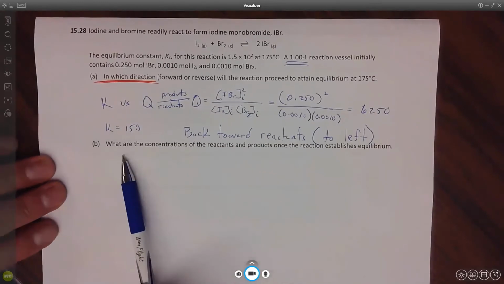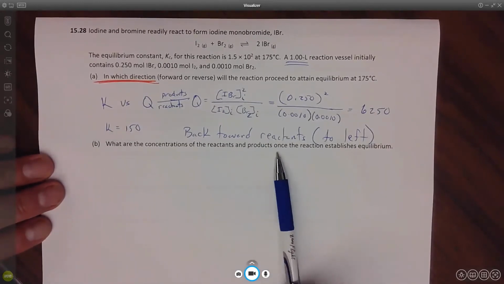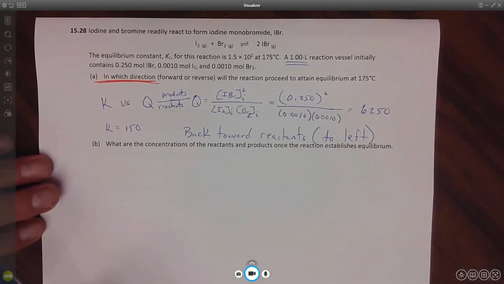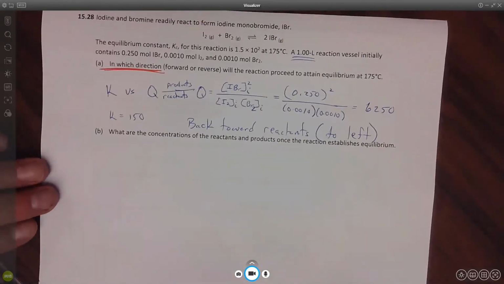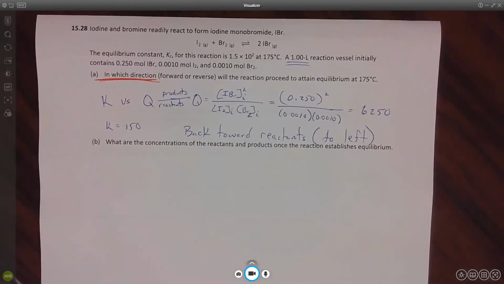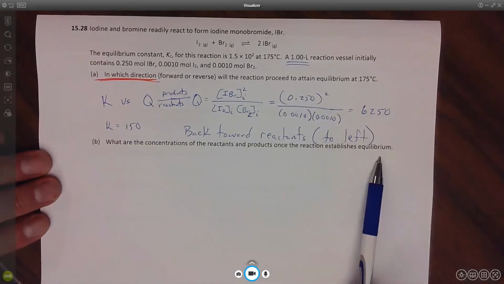Okay, now I want to know, what are the concentrations of the reactants and products once the reaction establishes equilibrium? How am I going to solve that? So it's asking for equilibrium concentrations.